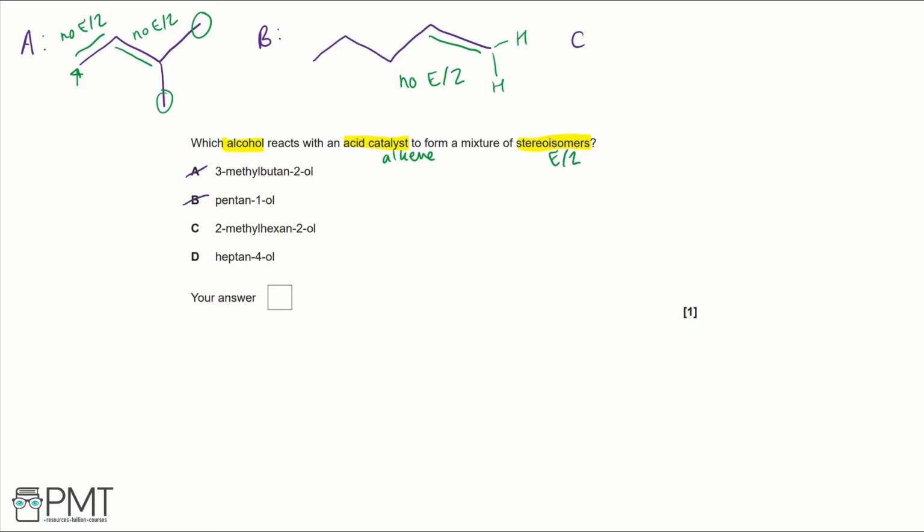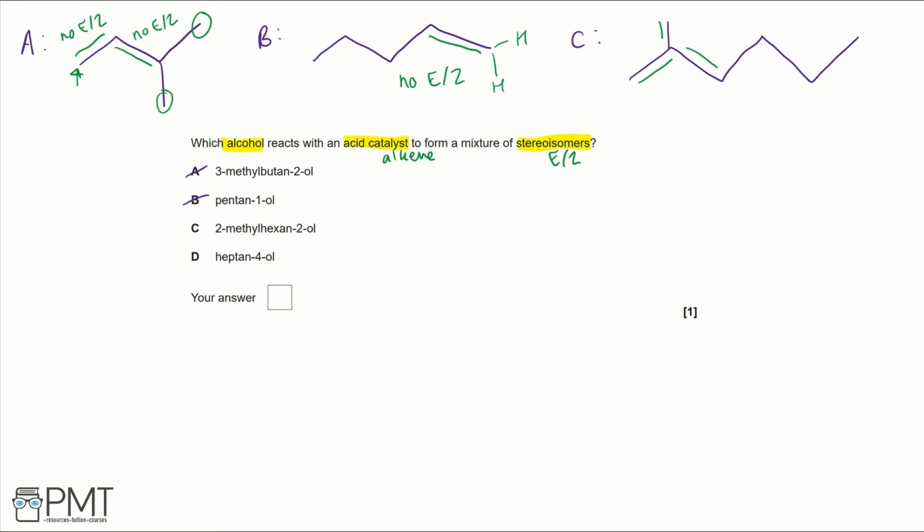Then if we look at C, we have 2-methyl-hexan-2-ol, so we need a 6-carbon chain. So here if we draw a 6-carbon chain, and then we need 2-methyl and hexan-2-ol, that's going to be both on carbon number 2. Then when we form our alkene, we can form one here, here, and here, and we get rid of this alcohol group.